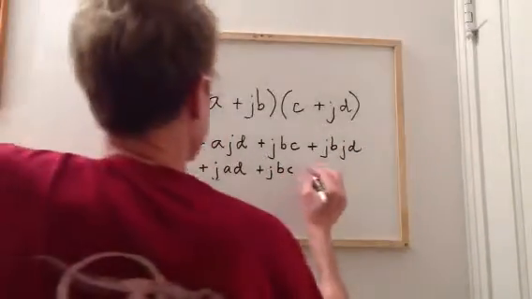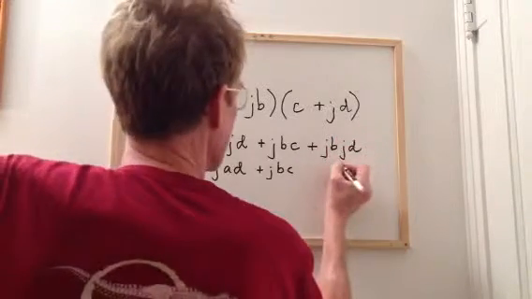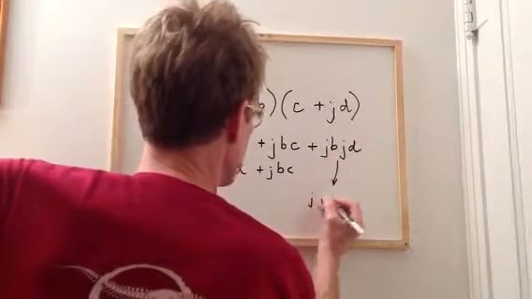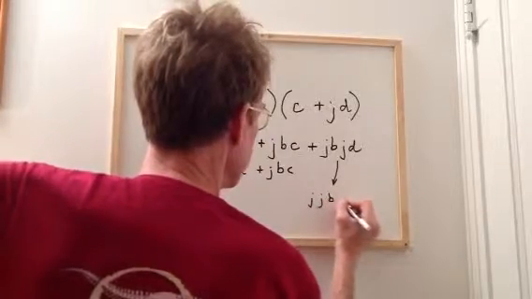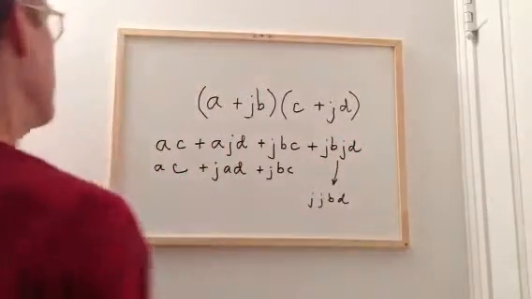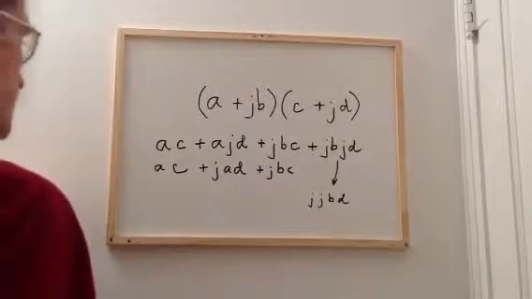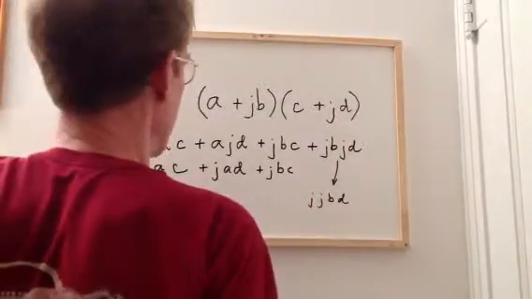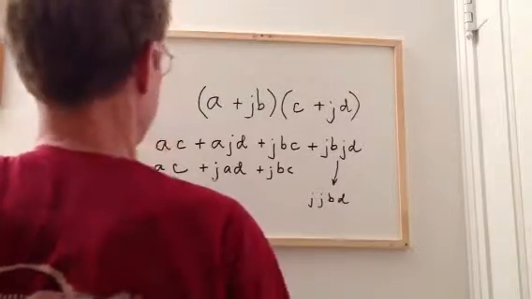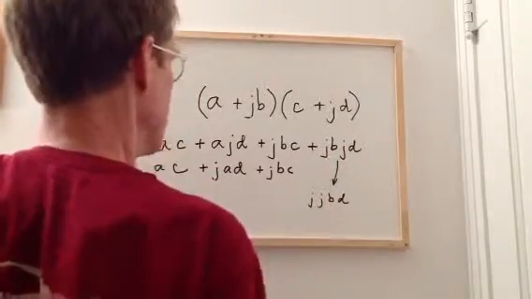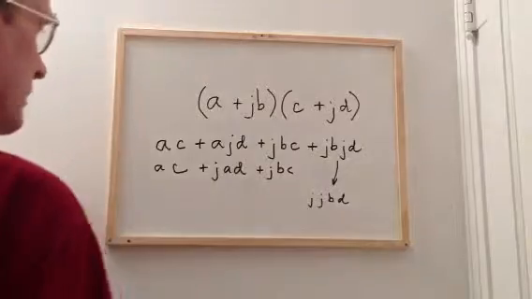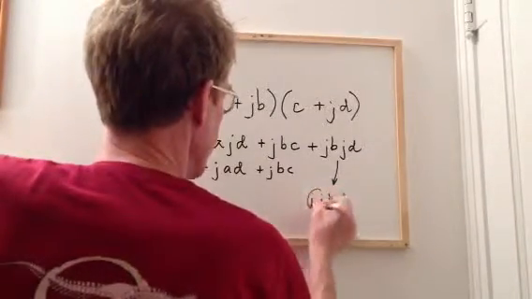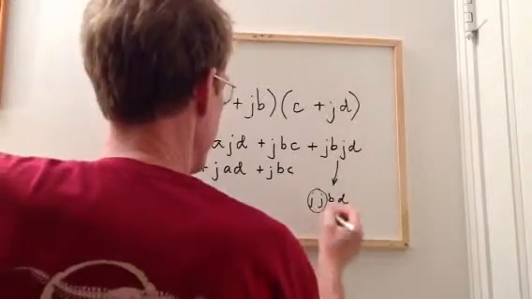JBJD is equal to J times J times B times D. Remember, the commutative law of multiplication allows us to rearrange a product any way we want. We can put the quantities in any order that we want. JJBD, well, remember what J times J is. That's just -1.